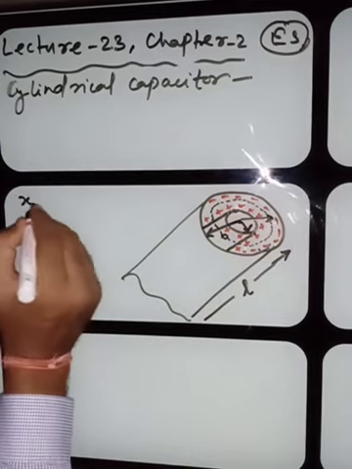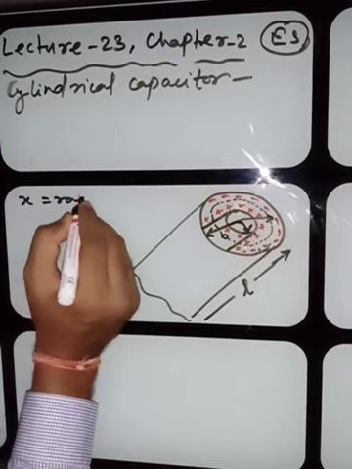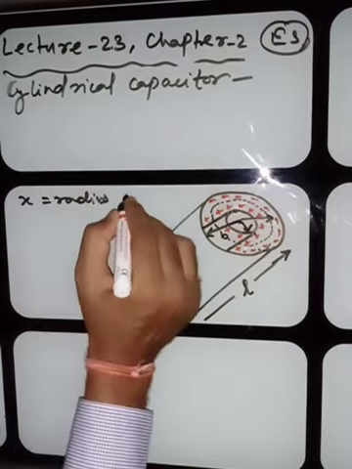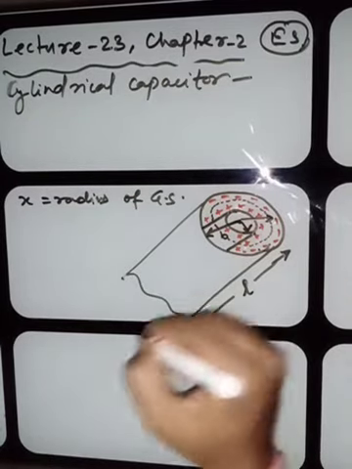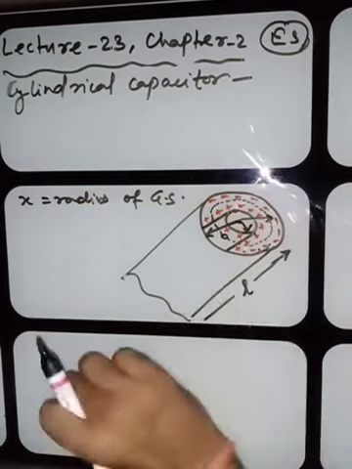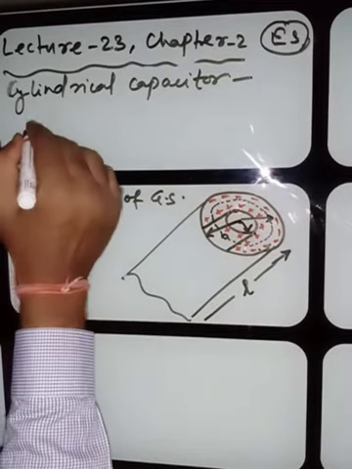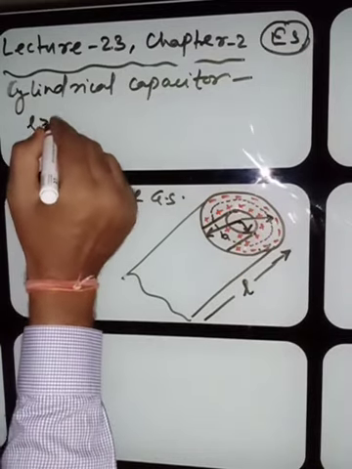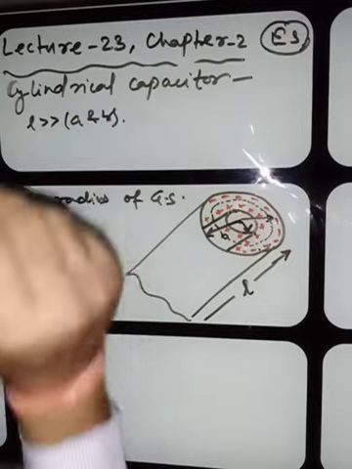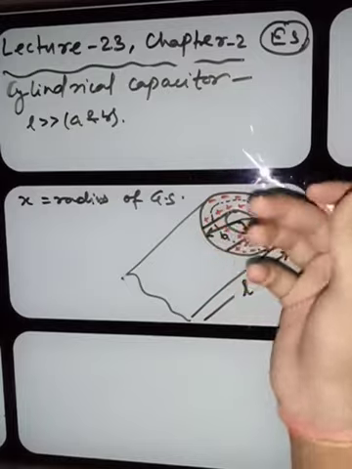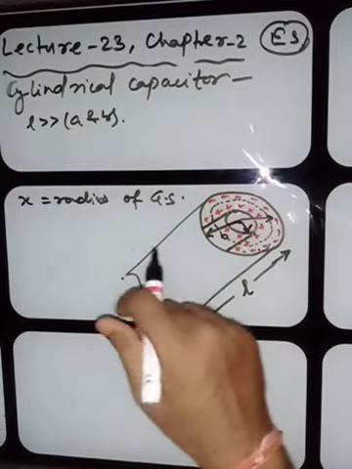X is the radius of the Gaussian surface, and the inner cylinder is inside. The condition we are using here is that L is much greater than both radii A and B of the cylinders.